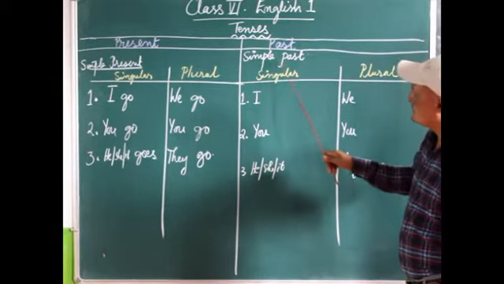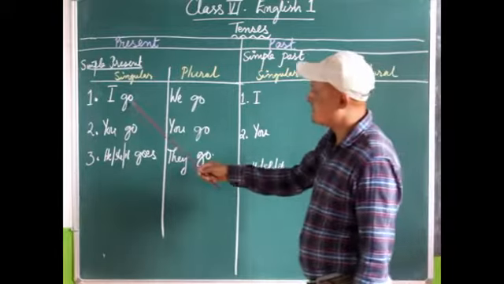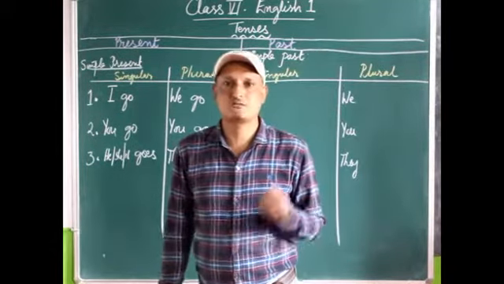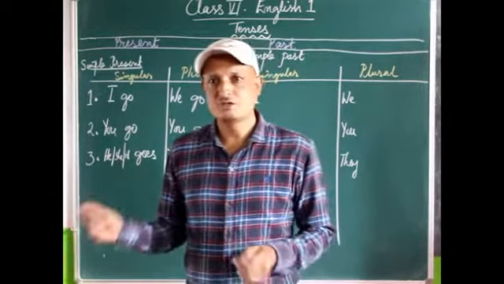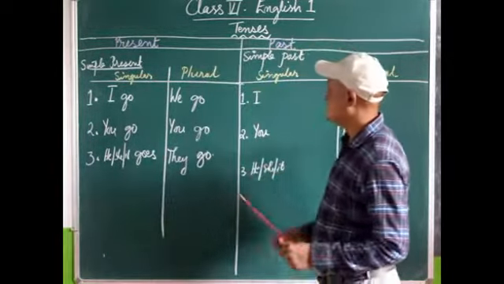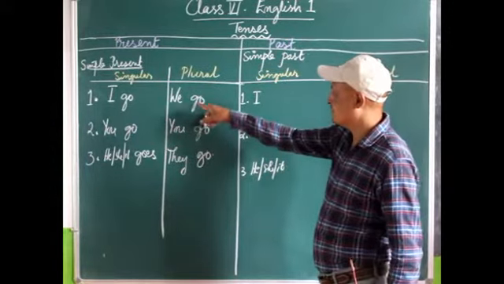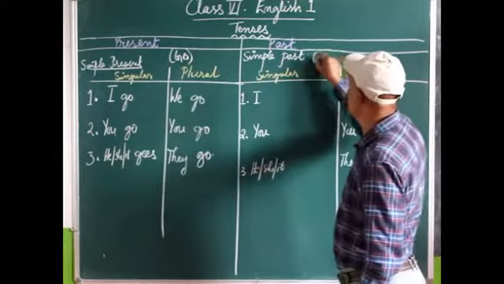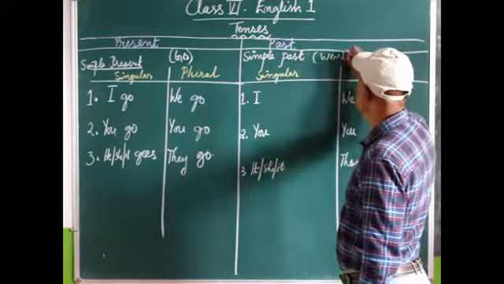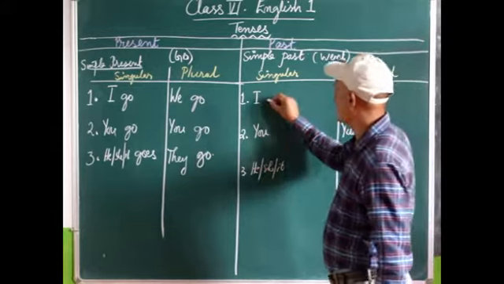Now we need to do the past. So we'll be taking the same verb. What is the past tense of go? The past tense of go is went. So we use the simple past of the verb. Here, go, past tense will be went. So here we have I went.